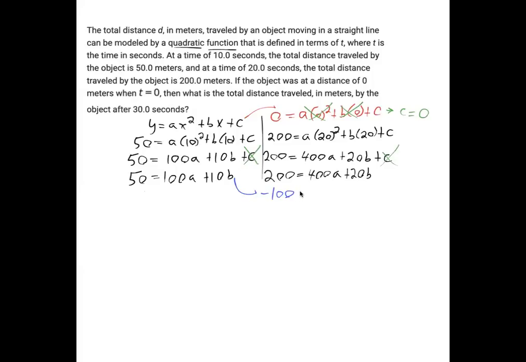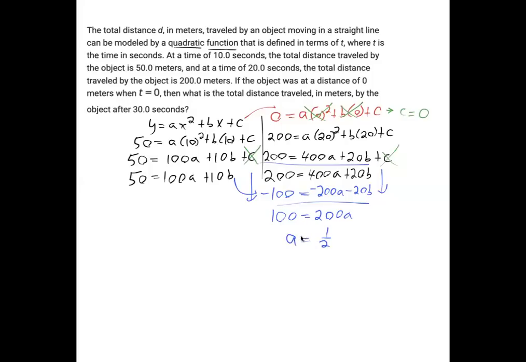Negative 100 equals negative 200a minus 20b. Now, when you add straight down, you're going to get 100 equals 200a, and the b's cancel. Divide by 200 on both sides, and a comes out to 1/2.